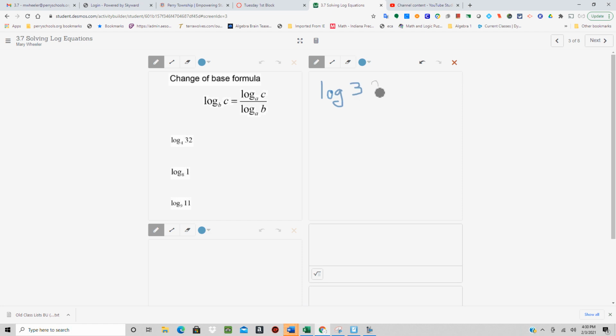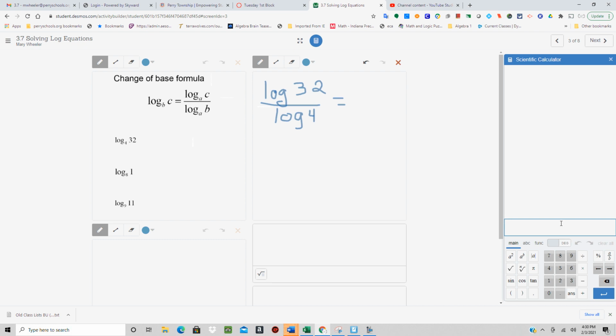32 over log 4, which if I use my calculator, which I'm doing off to the side, depending on your calculator, sometimes you have to put the number in first and then hit the log.